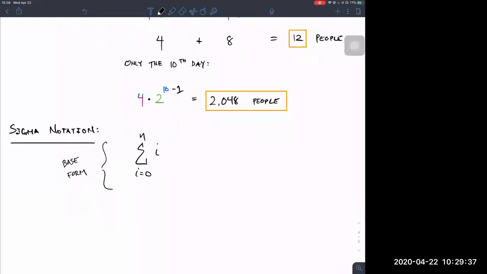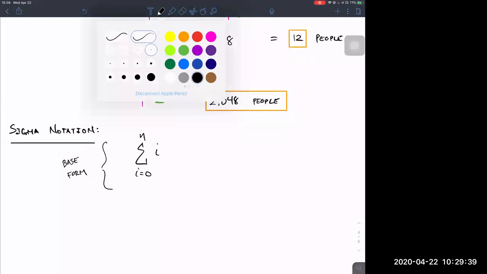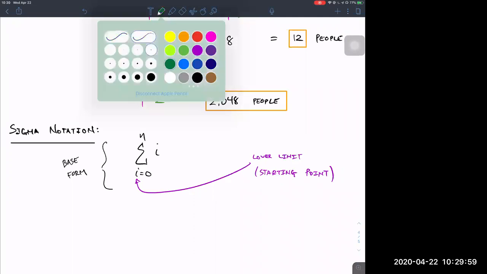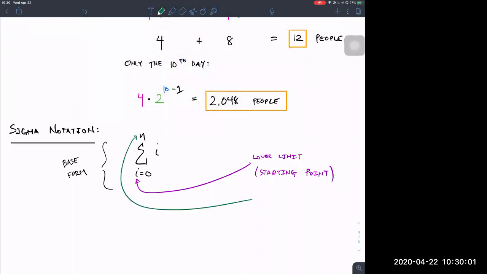You have some kind of lower limit, which is this number here. The lower limit is the same thing as your starting point. The number on top is your upper limit or your ending point.